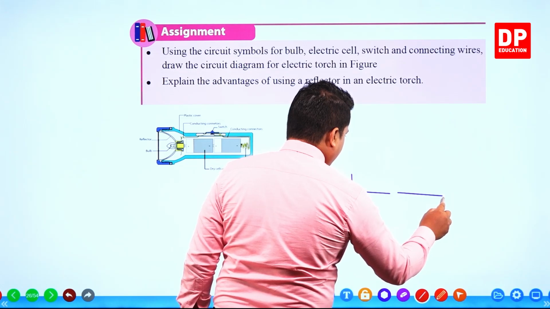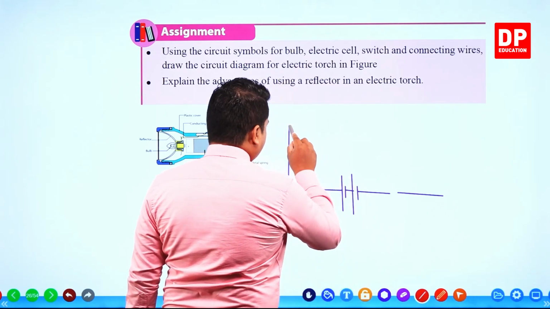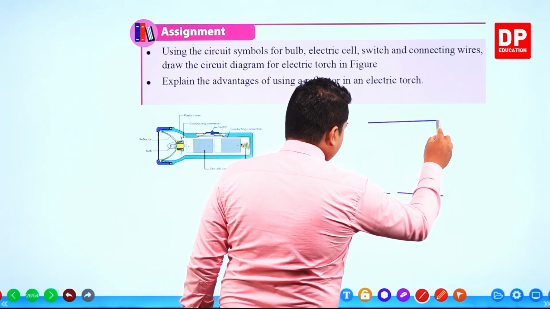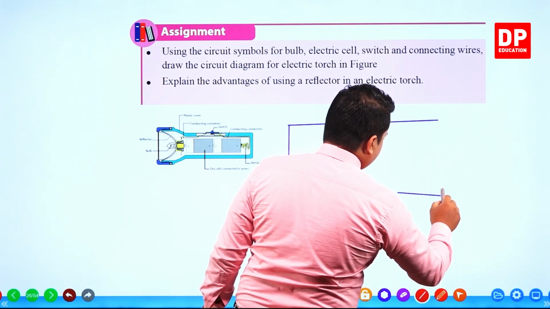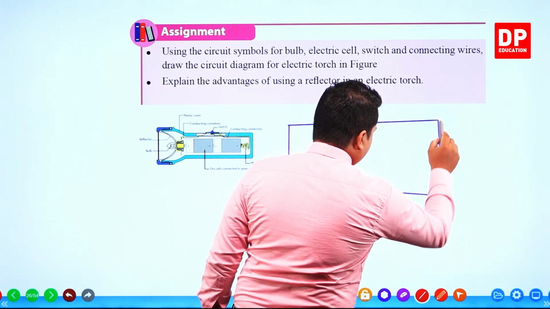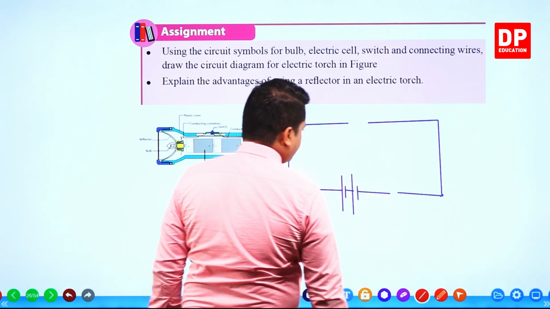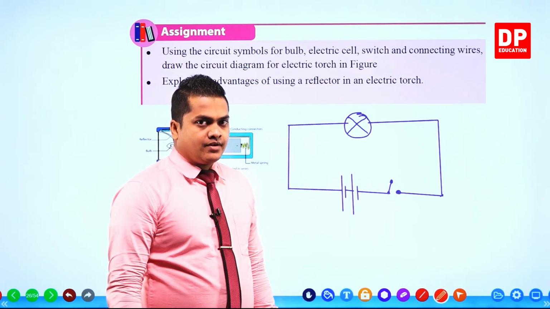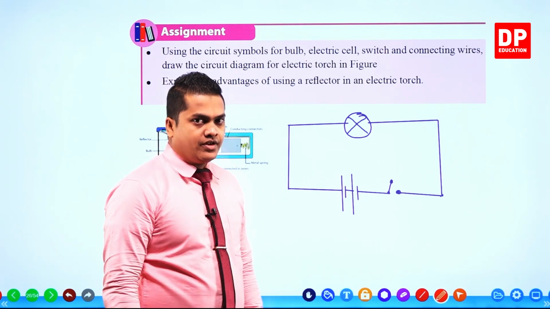Then the switch. Right. Now the bulb. Okay. And finally the switch. Right then. So this is the circuit diagram for the torch which is given here.